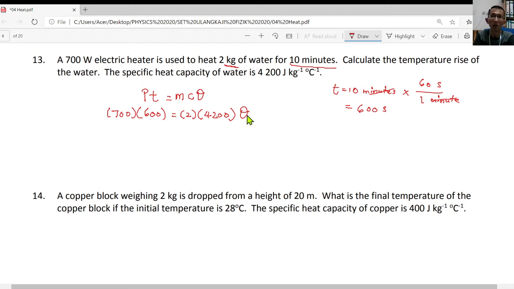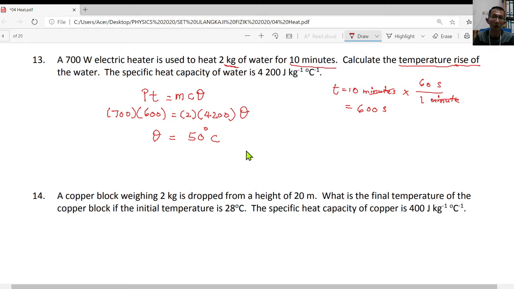So in other words, theta is actually the rise in the temperature. So calculate the theta. If you have done this calculation, you should be able to get that this theta is 50 degree Celsius.